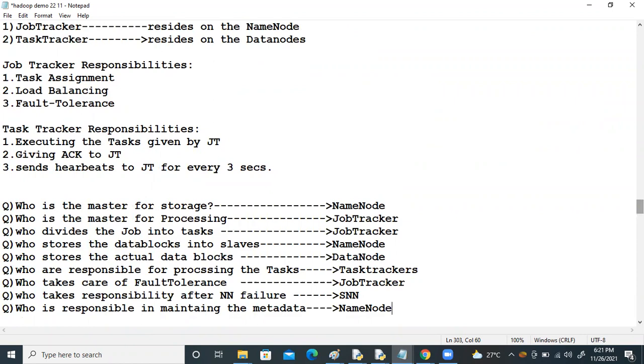On Monday I'll forward the software to your mail IDs and demonstrate it. Before the actual practical, I'll discuss the basic Linux commands before we go to the HDFS, Hadoop distributed file system, commands.